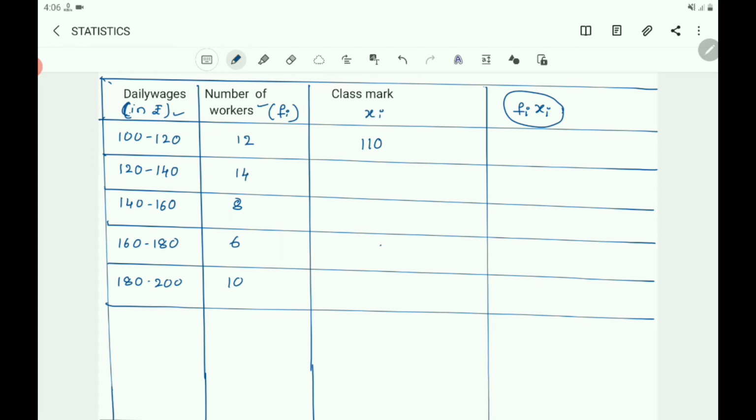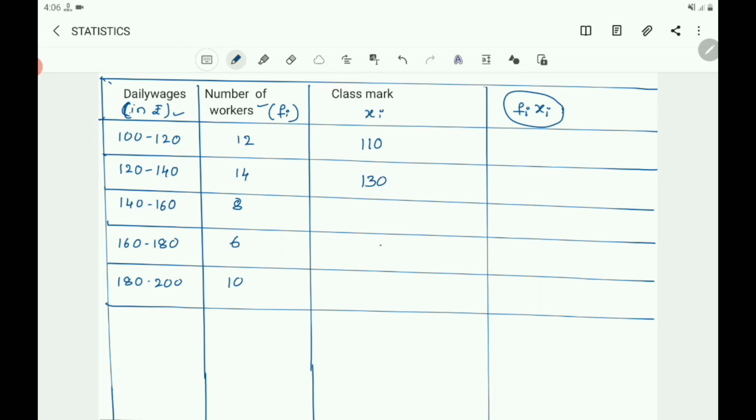Next, the second, 140 plus 120 divided by 2. 140 plus 120 is 260, divided by 2, you will get 130. Then you write 130 here.